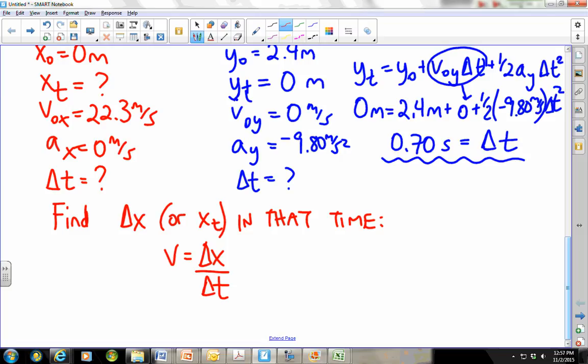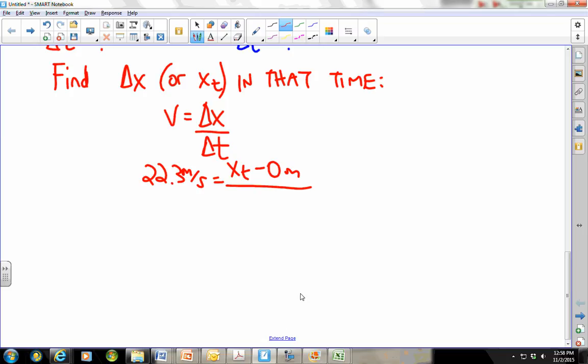And so we know that velocity is 22.3. We're looking for xt, assuming the initial is 0. And we have a time of 0.7 seconds. So when you solve for xt, you get 16 meters.